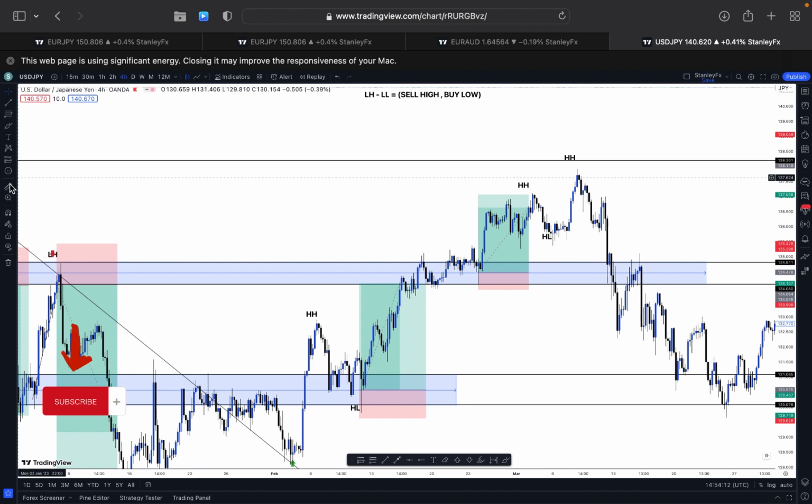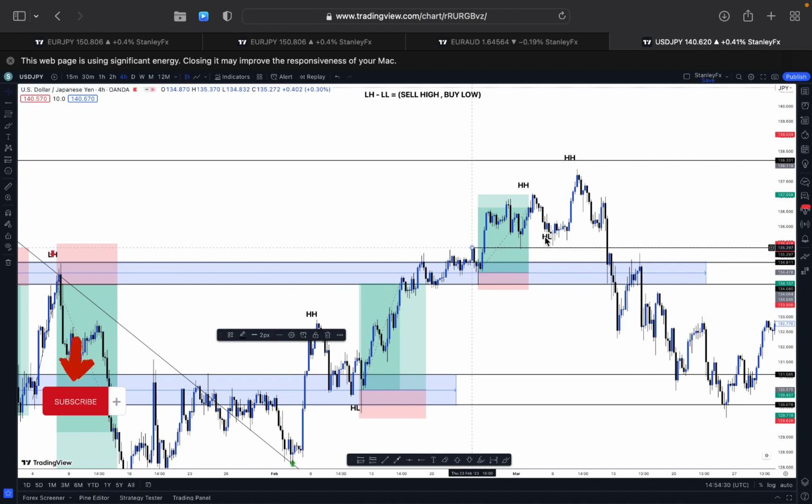So from there, we can see the market pushed all the way to that particular point, giving us some good money, which was 200 plus pips from here to that particular point.